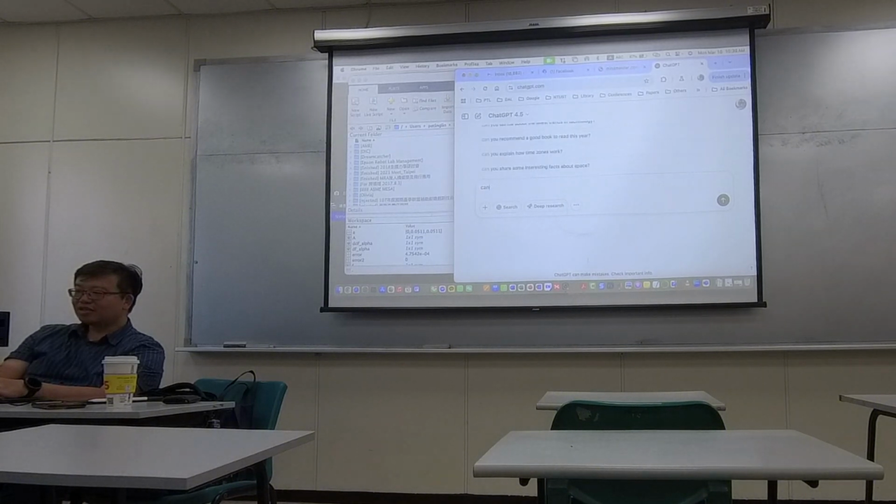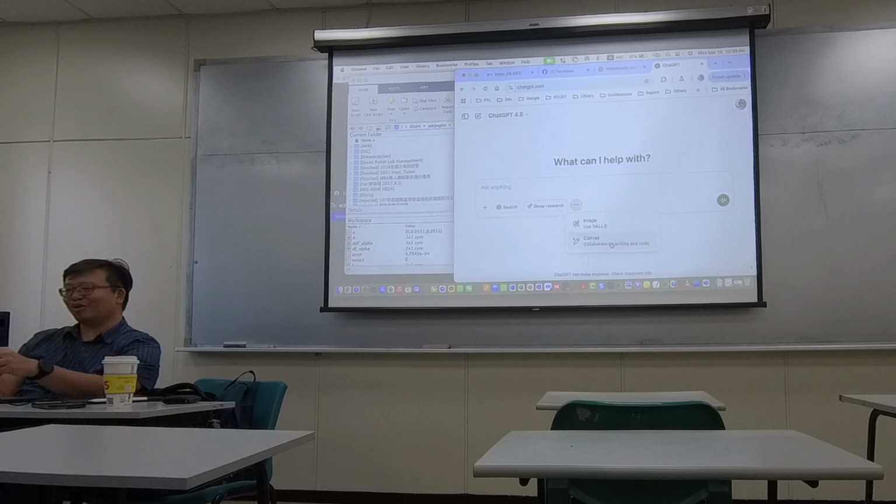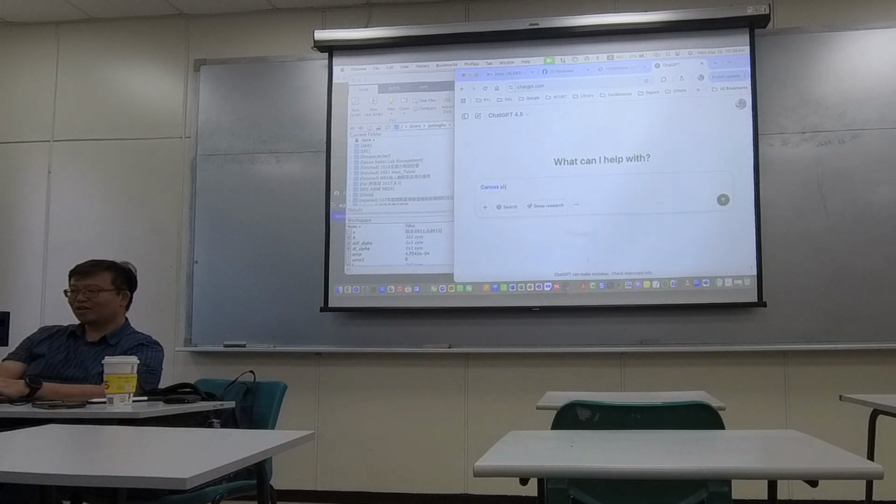Okay, nowadays I realize you need to turn on this canvas. It works better for programming. Do you know an unconstrained optimization method called steepest descent method?